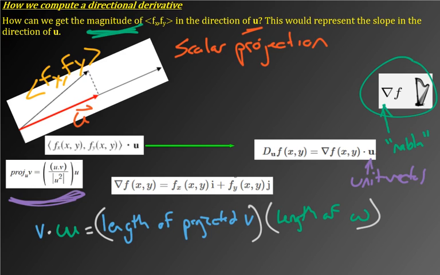Then if the length is 1, I truly get the notion of how much of this derivative shows up in that direction. And this is the notation we use: it's the derivative of f in the direction of u. That's how you read it, derivative of f in the direction of u.